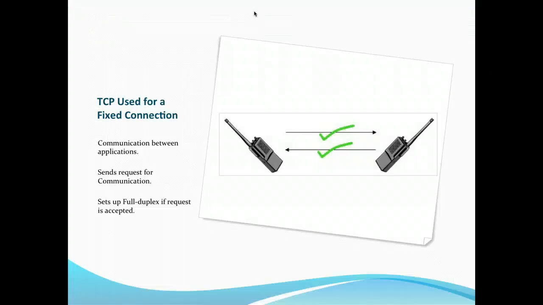TCP uses a fixed connection, and what that means is one computer would send a signal or request to access the other system, and if the system accepts it, then they'll have a connection to each other, which is like full duplex. And what that means is that the connections are set up simultaneously, and they'll be sending data to each other at the same time at all times until somebody closes it off.